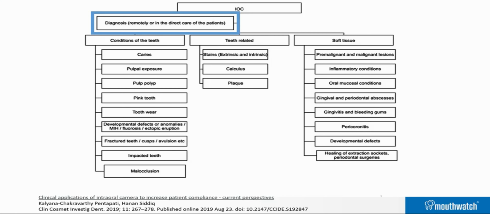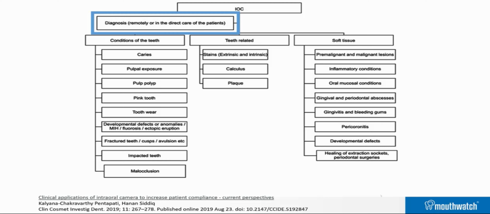This chart is from an article that discusses using intraoral cameras to increase patient compliance. And the article talks about using intraoral cameras for two main purposes. One is for diagnosis, which is what is shown in this chart, and the other is for improving patient compliance.